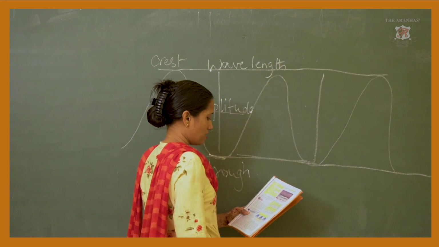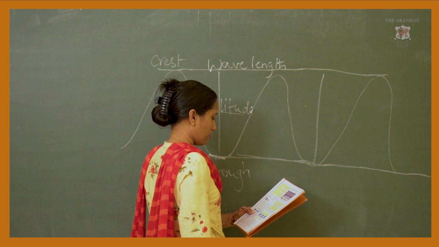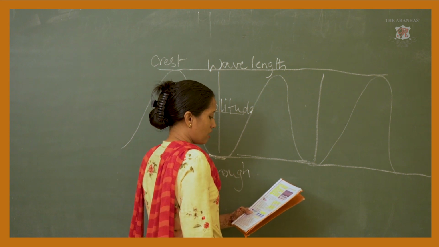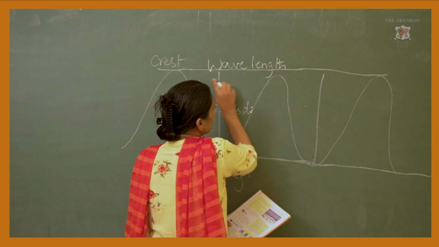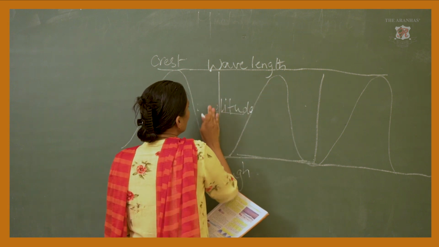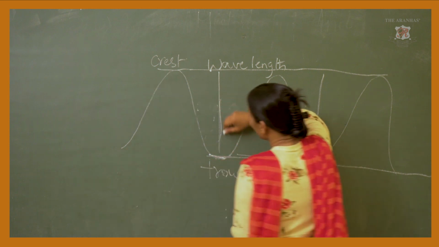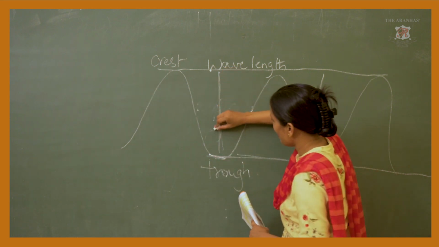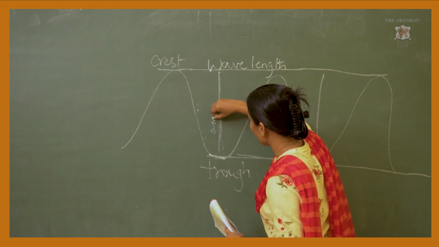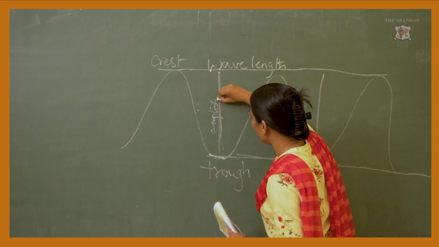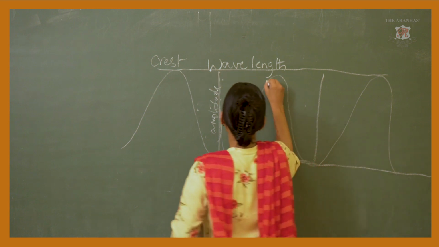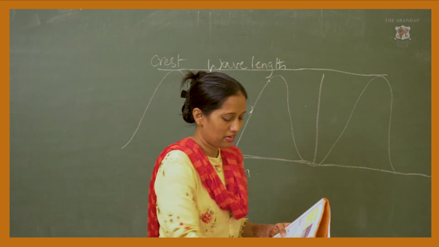The amplitude is this line, sorry, not that one. This line is called the amplitude. This length is called the amplitude, and this distance is called the wavelength.